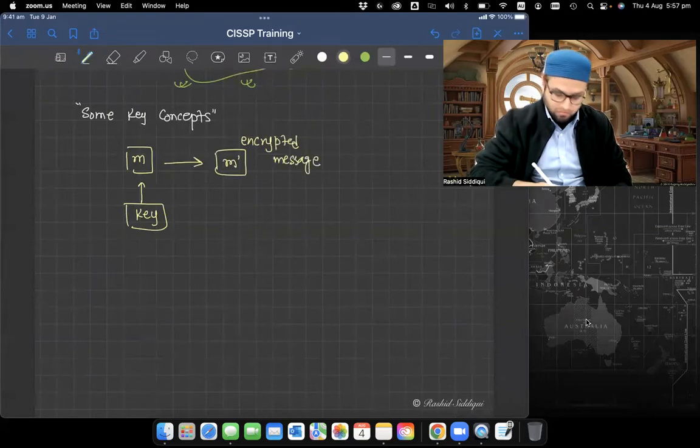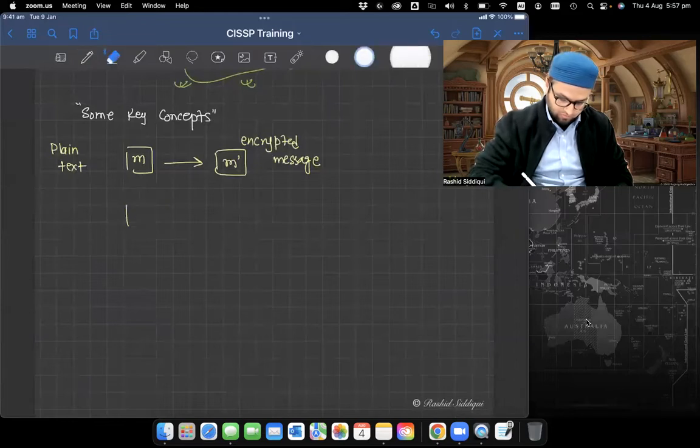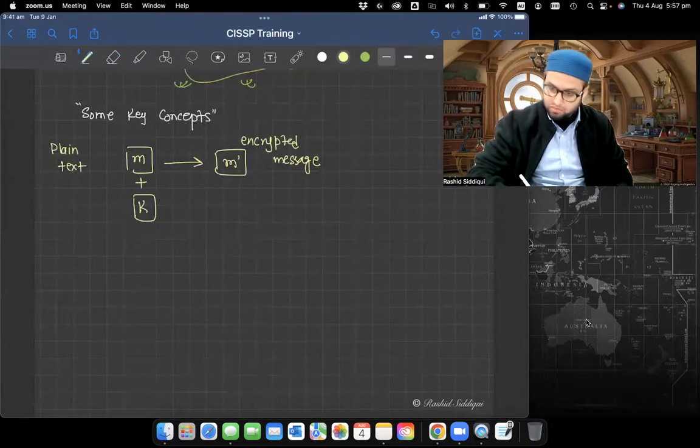And when I say M, it's unencrypted, and it's called plain text. And the key, we will refer to as K. It's better to say K plus M is M dash.